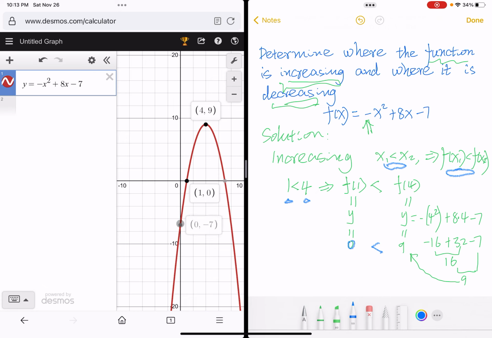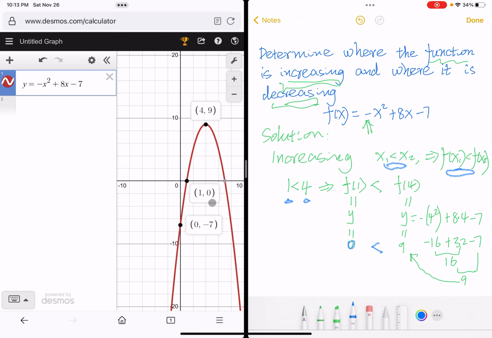You can also test this one. You see 0 is less than 1. Negative 7 is less than 0. So when the x value is smaller than this value, then the y value is smaller than this one. We see negative 7 is less than 0.